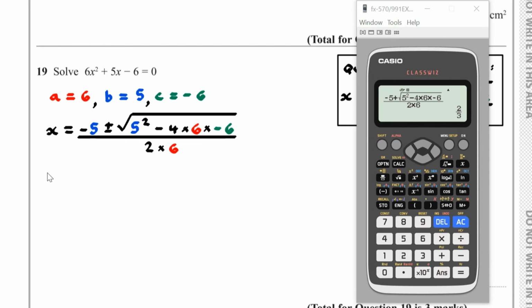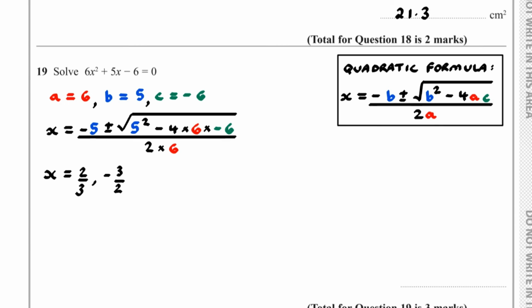So one value is 2/3. And to find out the other value, we change this plus to a minus, and the other value then is equal to negative 3/2. So we get x equals 2/3 and minus 3/2.